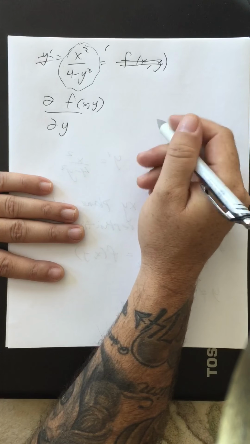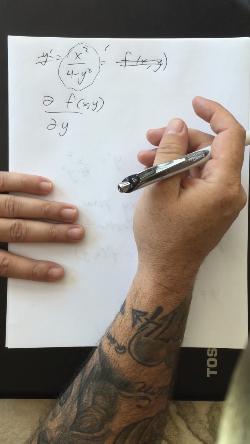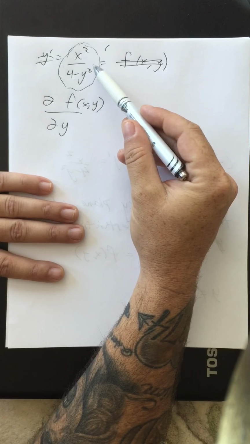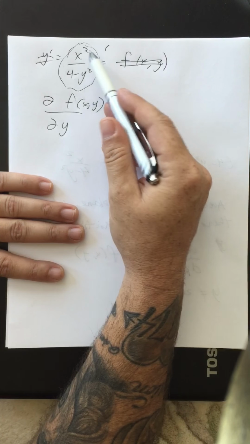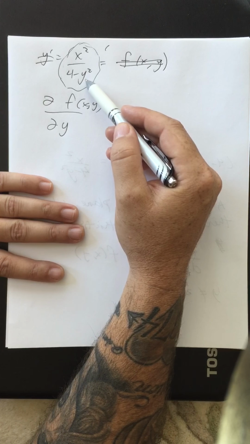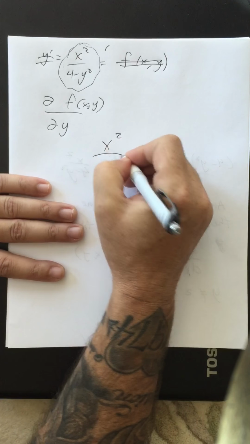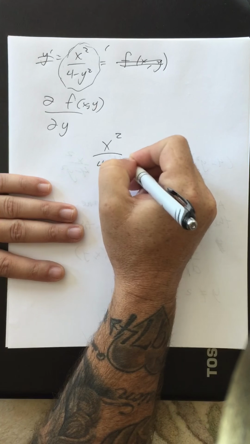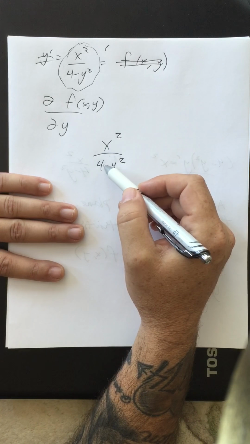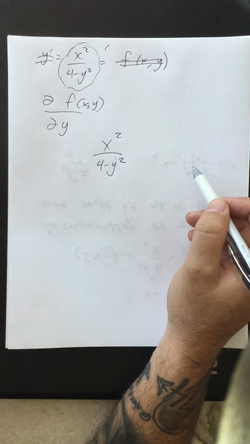You find a lot of differentials are hard calculus problems. You use calculus left and right in differentials. So how do I take the partial derivative with respect to y? Well, first of all, x is not considered a variable if we're taking it with respect to y. So let's look at what we have here: x squared over 4 minus y squared. So this is basically a constant. This is a constant. This is our only variable that we're concerned with right here.